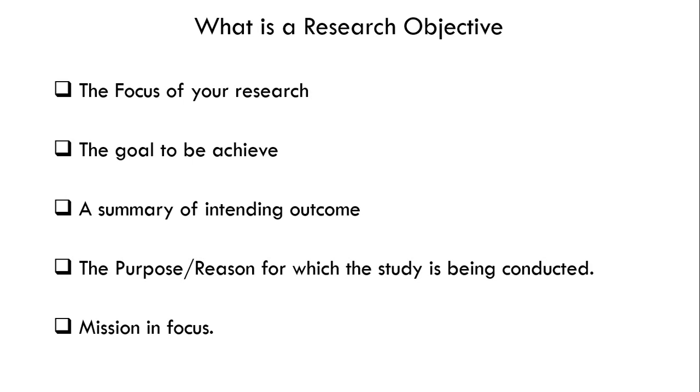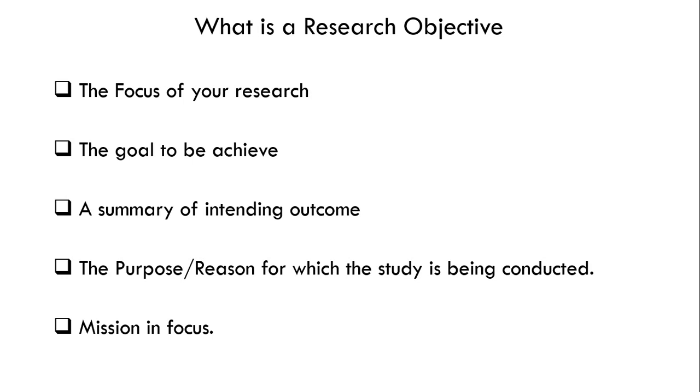Going further, we can also say that a research objective is the reason, the ultimate reason, or the purpose for which the study is being conducted. And in that, you can say it is the mission in focus.